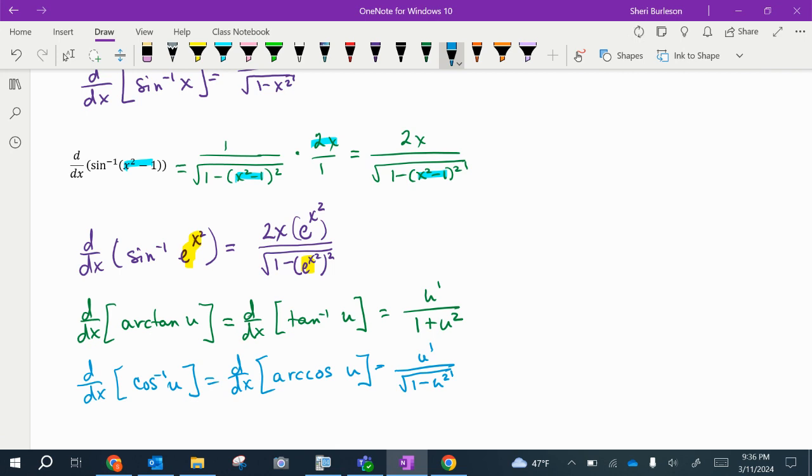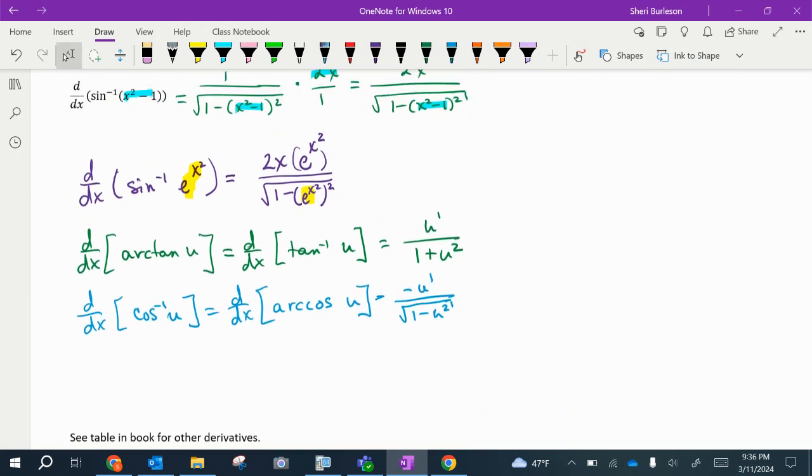For cosine, the difference is a negative. So the derivative of inverse cosine is negative u prime over the square root of 1 minus u squared.